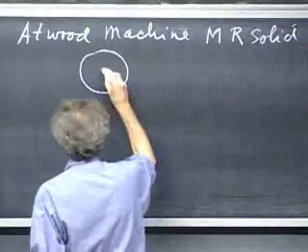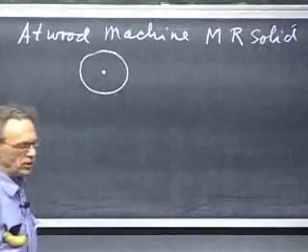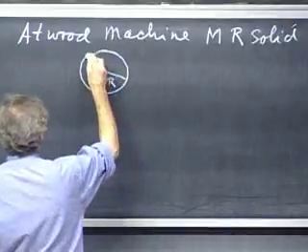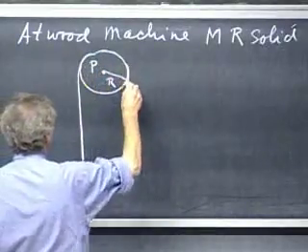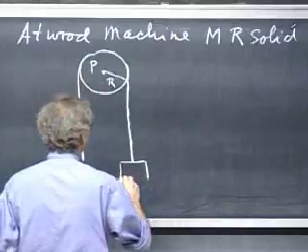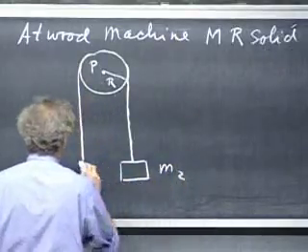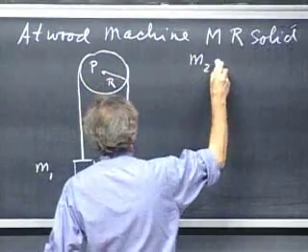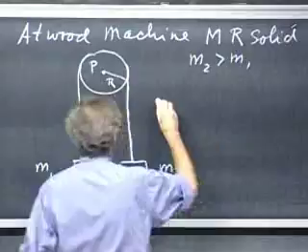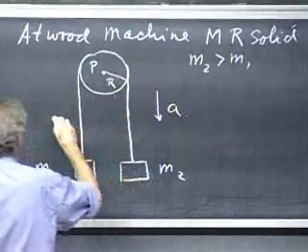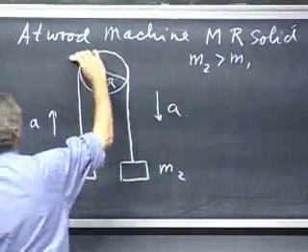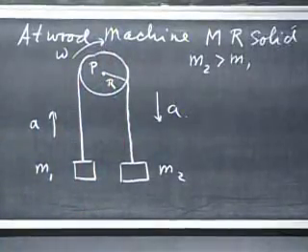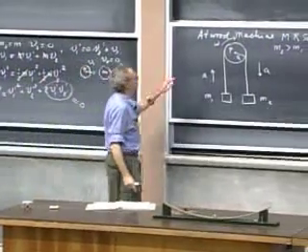So it's a solid disk, rotates, frictionless about point P, radius r, and there is a rope here, near massless. We ignore the mass. Mass m2 is here, and mass m1 is here. And let's assume that m2 is larger than m1. So this will be accelerated in this direction, this will be accelerated in this direction, and this will start to rotate with angular velocity omega, which will be a function of time.